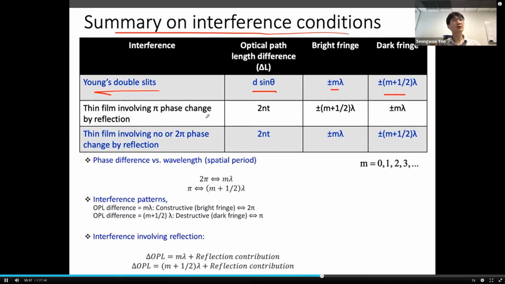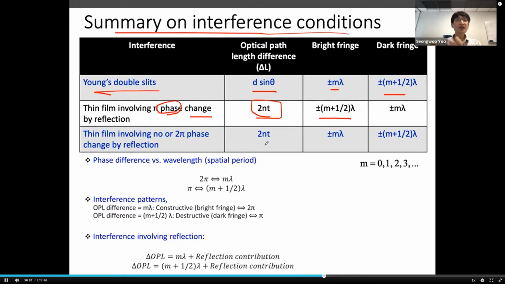Now, when we move on to the thin film, our optical path length difference is going to be 2nt, all right? This 2nt can generate the bright fringe with m plus half lambda if there is a pi phase change by the reflection.